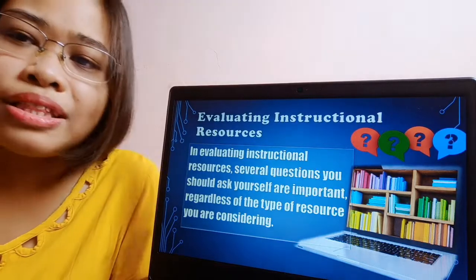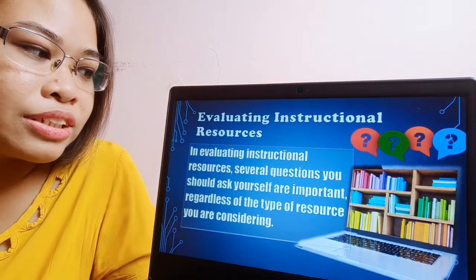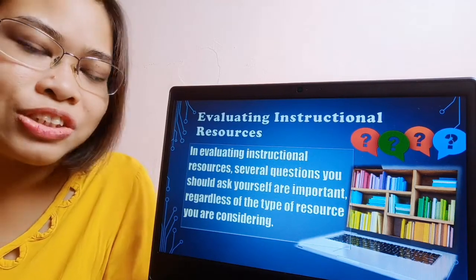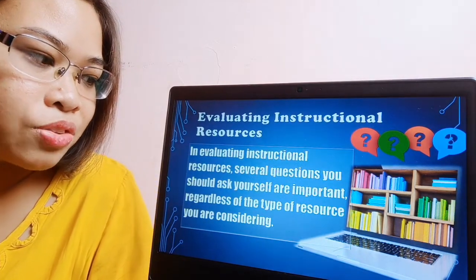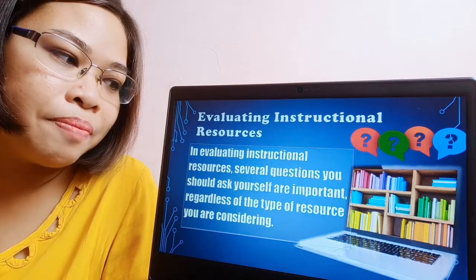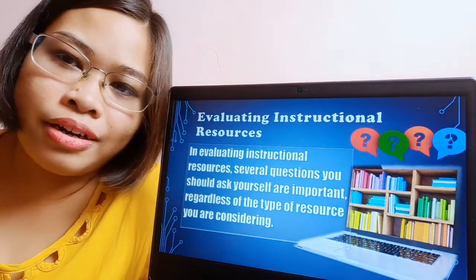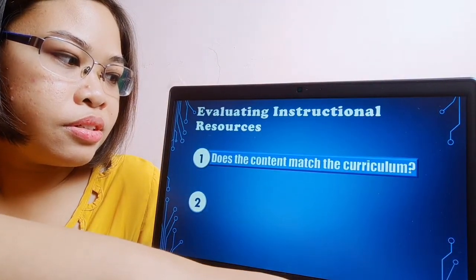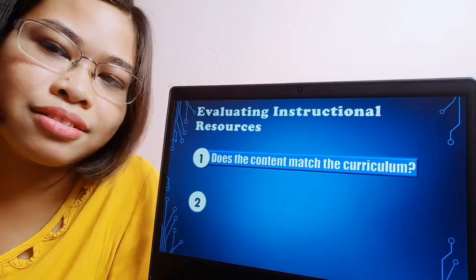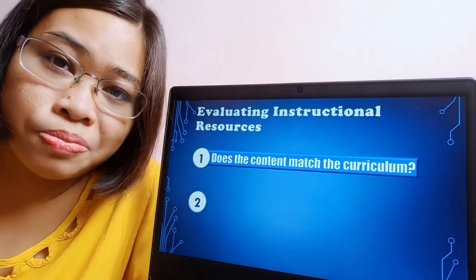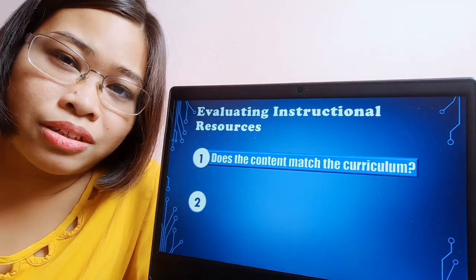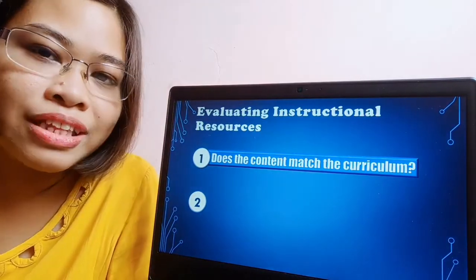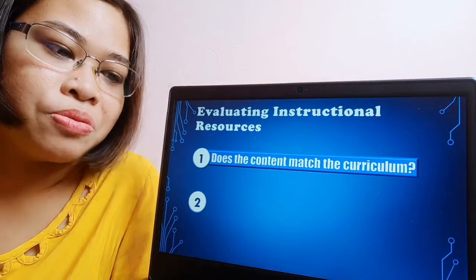And in evaluating instructional resources, there are several questions that you should ask yourself that are also important, regardless of the type of resources that you are considering. Does the content match the curriculum? This is about the appropriateness of the content of the material to the designed curriculum.